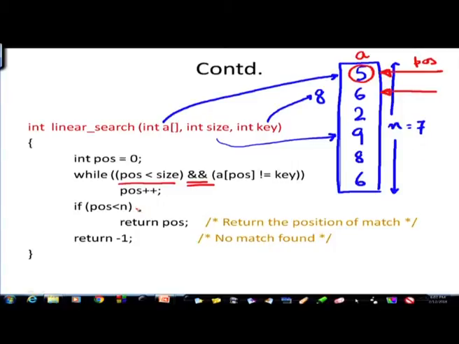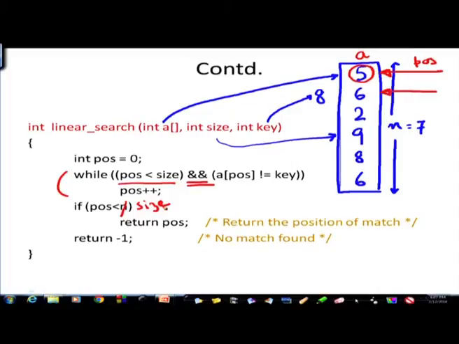When I come out of this while loop, when any of these conditions are not satisfied, if pos is less than n, actually it should have been pos is less than size.